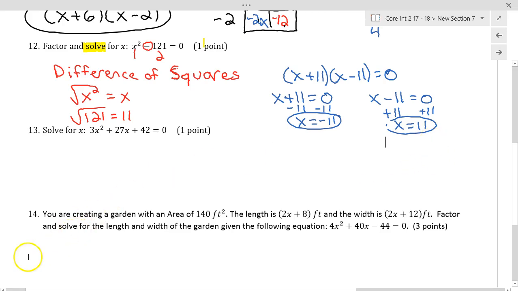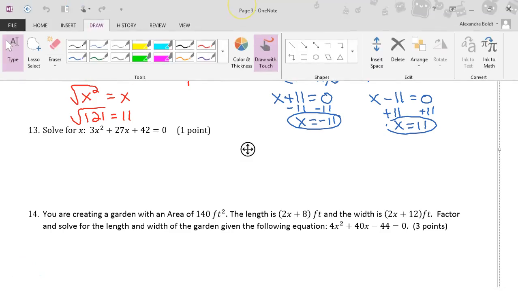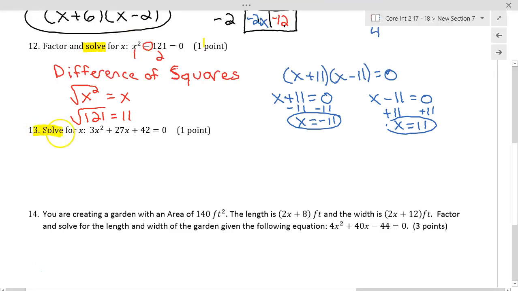All right, looking at our next problem. In number 13, we are once again solving for x. Okay, so I need to get something where x equals. So I have 3x squared plus 27x plus 42.